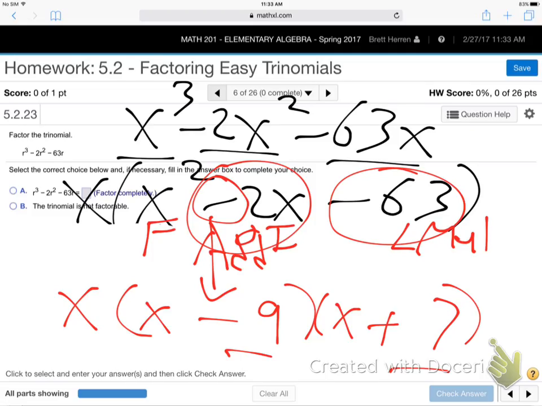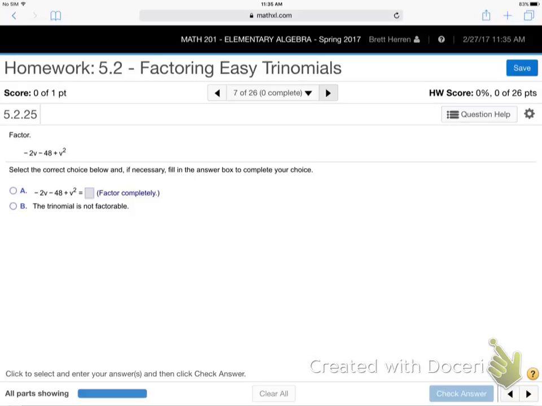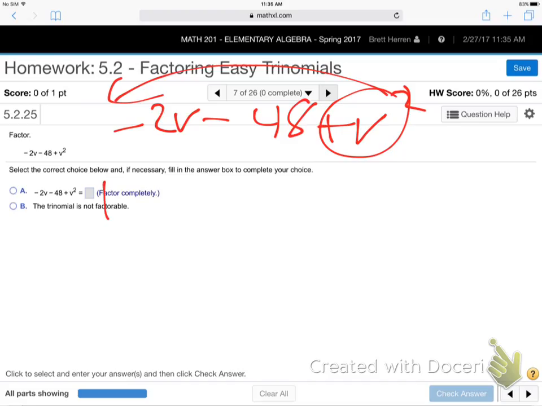All right. Just by switching them around, we'll just reorder it. So they're going, okay, minus 2v minus 48 plus v squared. Just grab this guy and put him in the front. V squared minus 2v minus 48. We always want it from highest power to lowest. So if they give it to you in a mixed up order, just reorder from highest power to lowest.